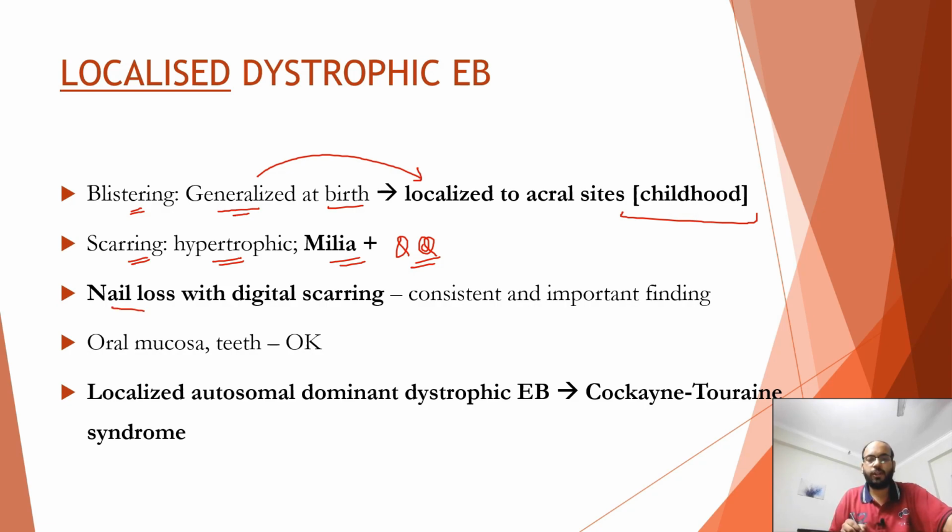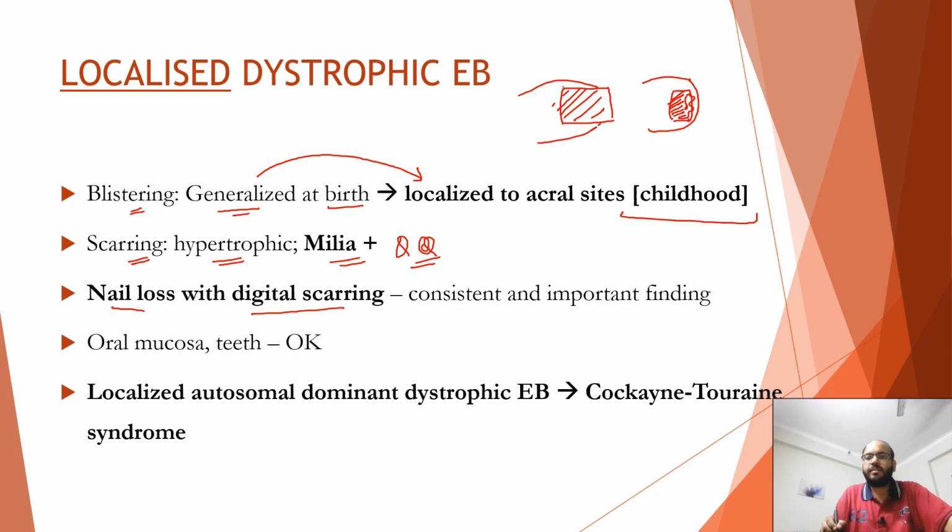There is significant nail loss with digital scarring. So if you have a nail, very bad diagram of a nail, you have significant destruction of the nail, and what you see is actually a puckered scar. And this is the dystrophic nail.